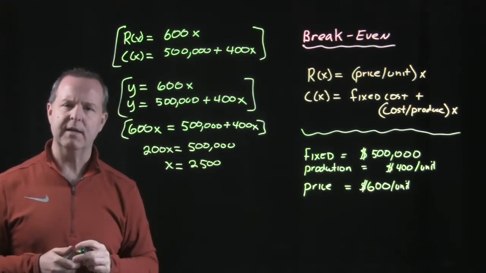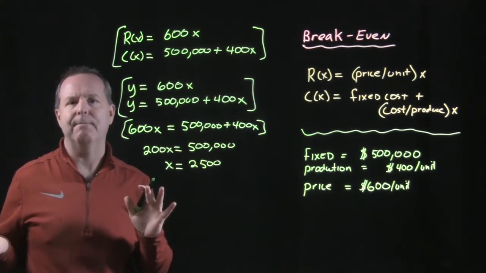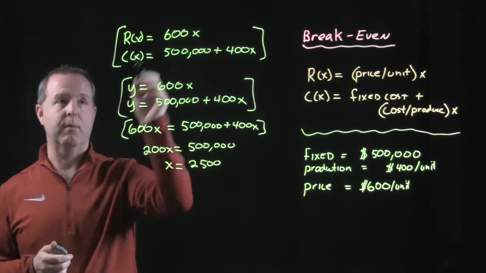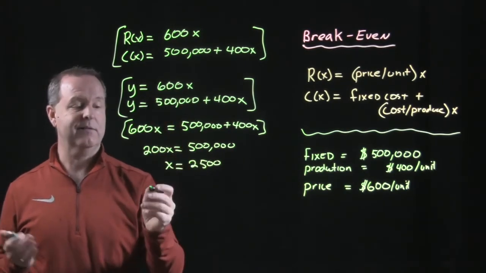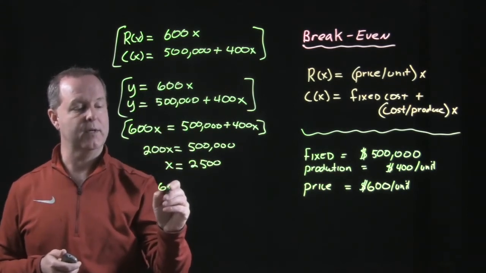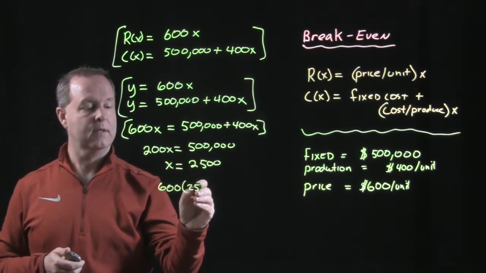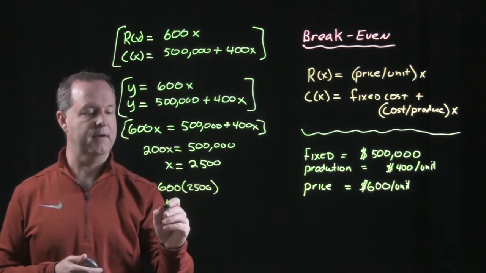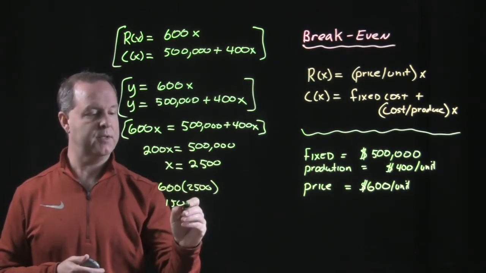And for those that are curious, you're wondering, how much money is it at that point? How much money did you put in? Well, we know that's the solution for both these equations, so let's substitute this value of x into the first one. 600 times 2,500 equals 6 times 25, which is 150, plus four zeros.